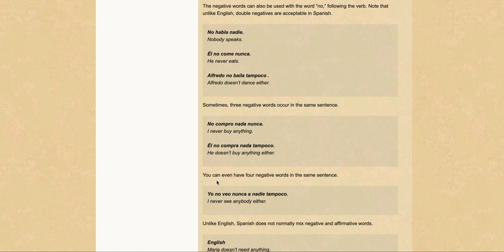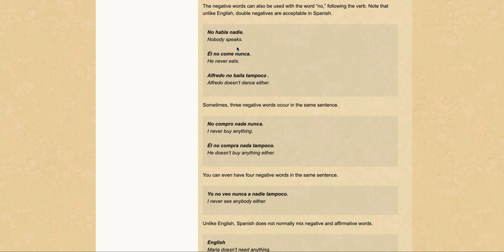And the negative words can also be used with the word no before the verb. So for instance, we have seen that, if you look at it again, it says negative words can be used with the word no before, following the verb, right? So, no habla nadie.